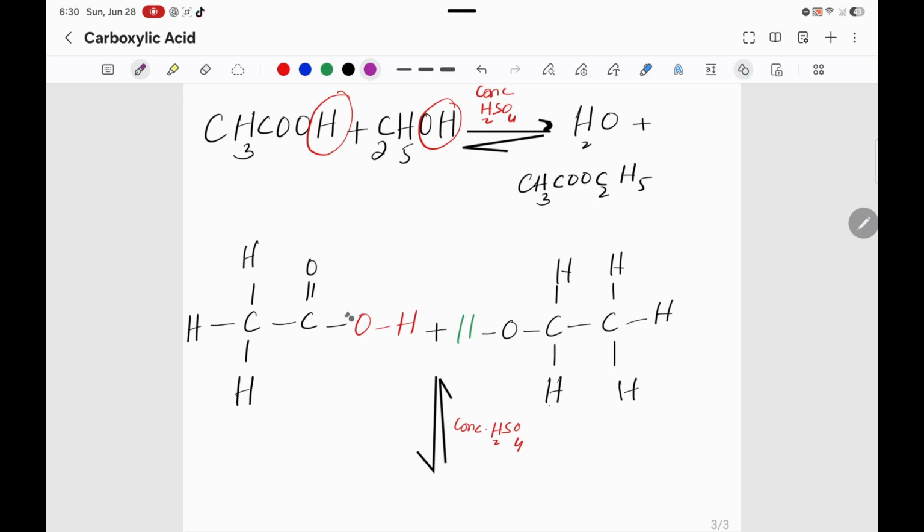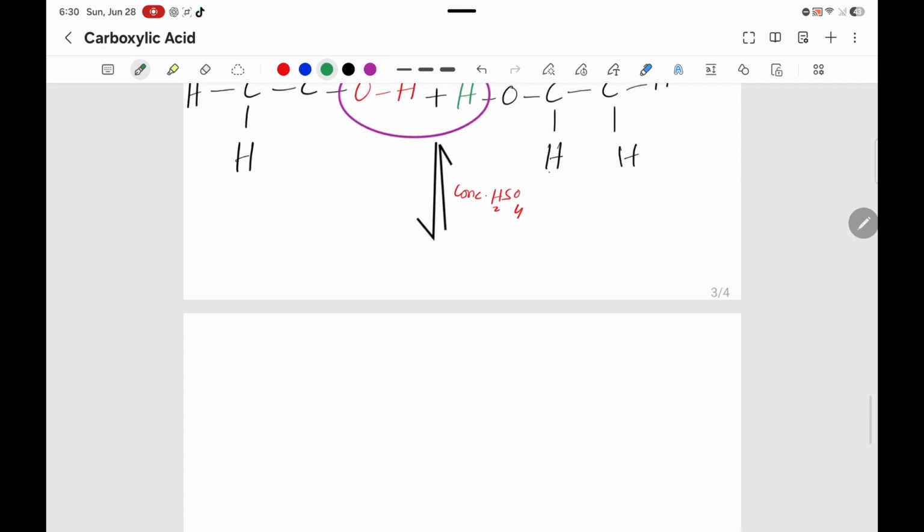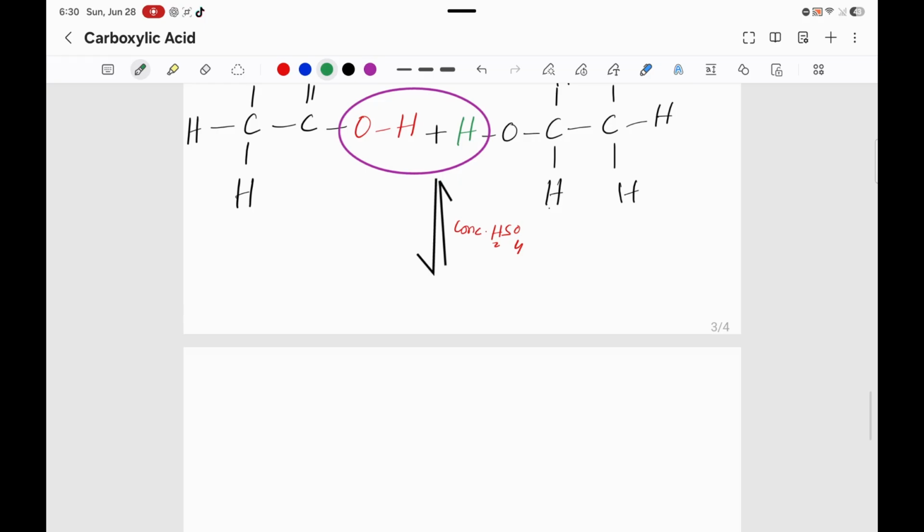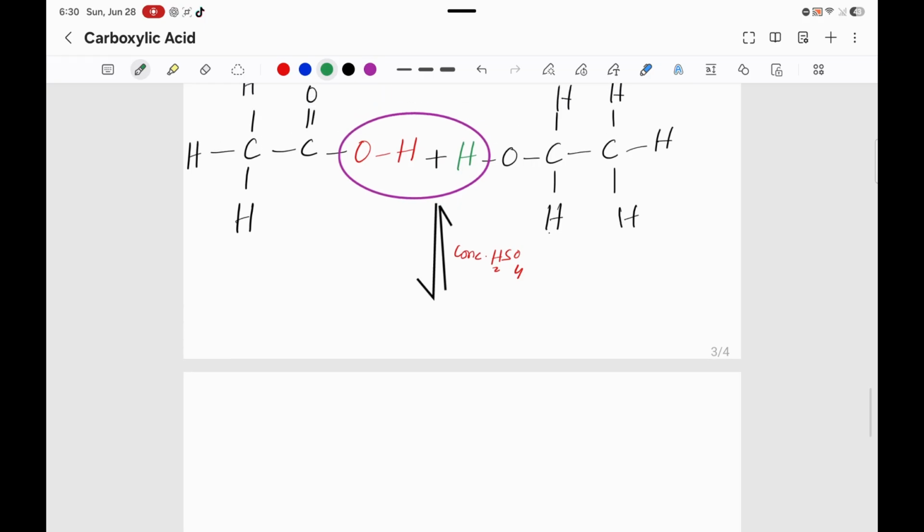This whole thing will be removed. All right? And what will it form? It will form water. So H and OH, water will be formed.